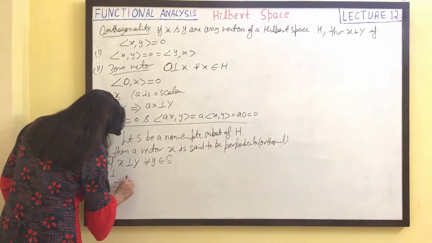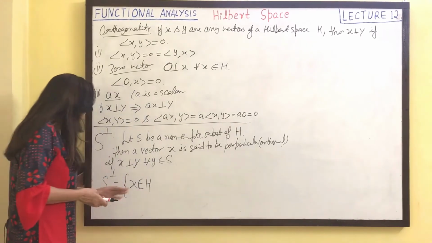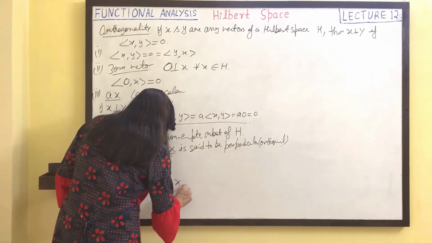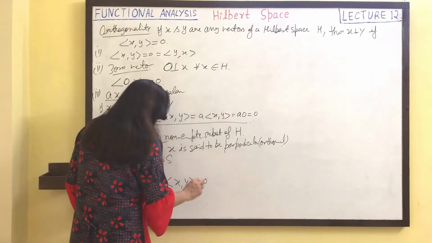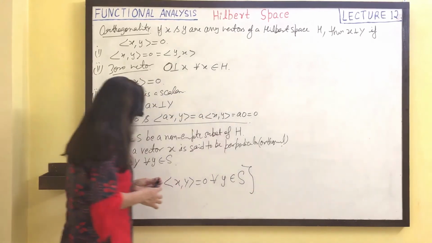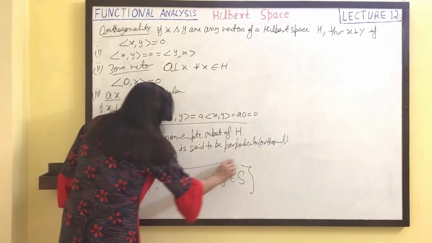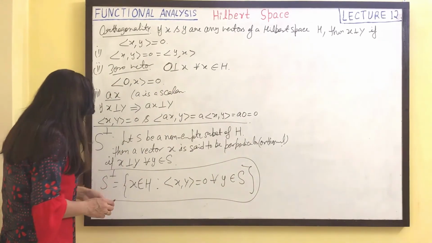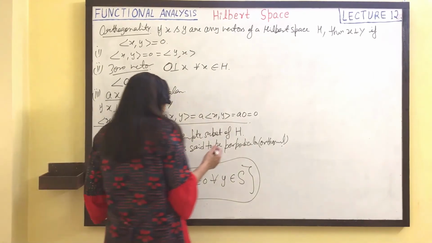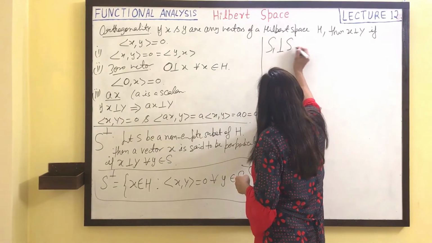S perpendicular is the set containing the vectors x of H such that the inner product of x comma y is equal to 0 for all y in S. Okay, so this is the perpendicularity of a non-empty subset, and also we can define it for two non-empty subsets S1 and S2.